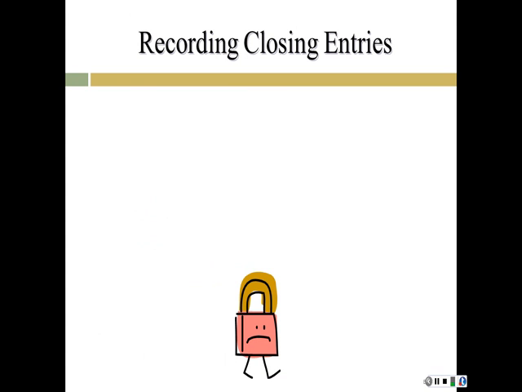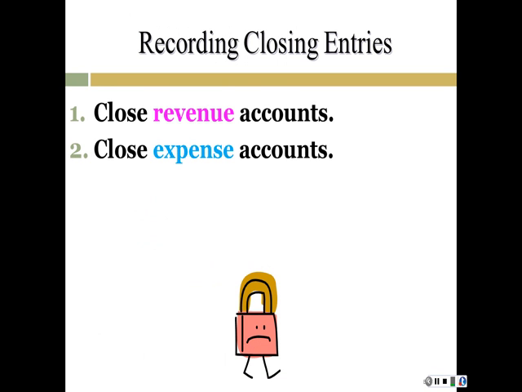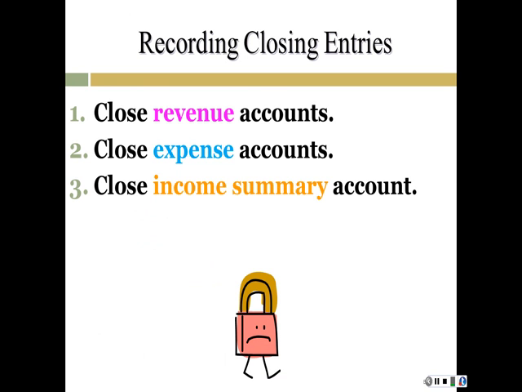Closing accounts involves preparing closing journal entries, and we have a 4-step process. We first close out revenue accounts. Next, we close out expense accounts. After that, we close out the income summary account, and then we close out the dividend account. So it's a 4-step process.